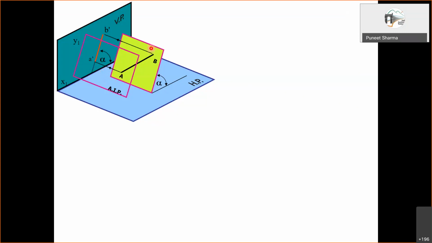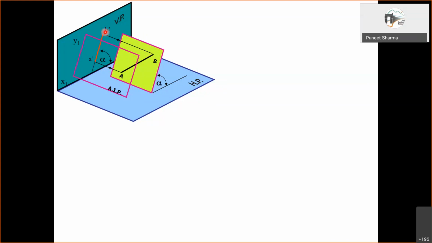And likewise this capital B and small b dash, this distance is how much B is in front of the vertical plane. These distances are visible to us only in the top view, right? How much B is in front of the vertical plane, that information is visible to us in the top view. So if we project this on the top view, it will be visible to us, this distance as well as this distance.